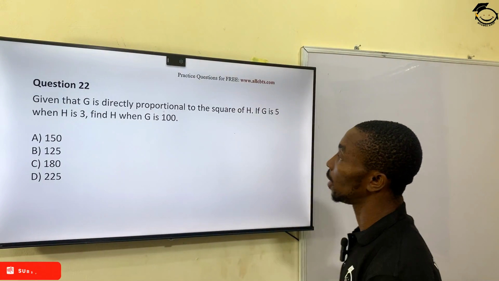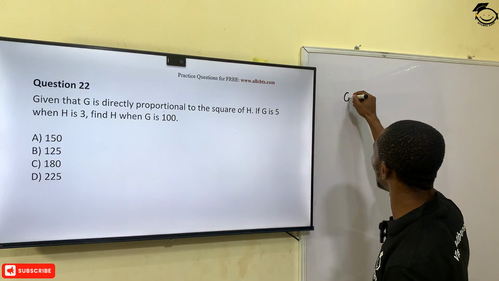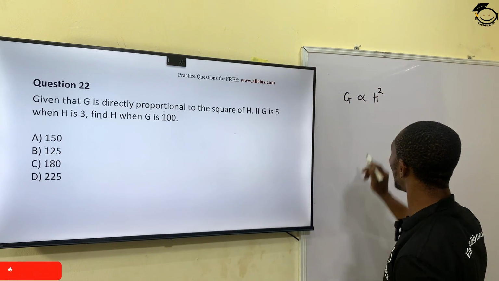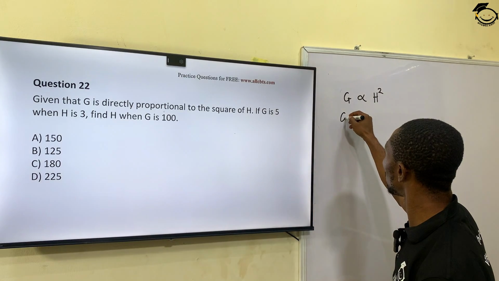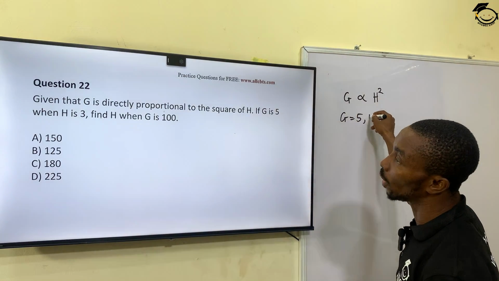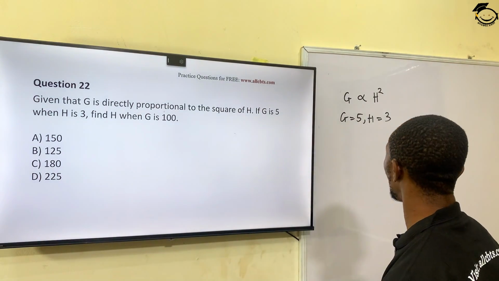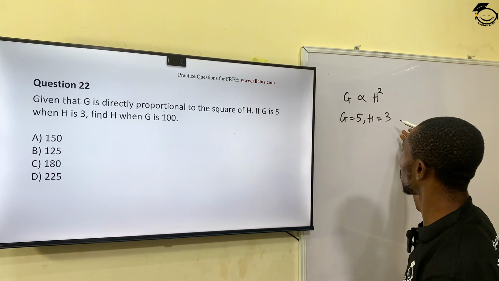Given that G is directly proportional to the square of H. If G is 5 and H is 3, find H when G is 100. Now, first off, we need to find our constant of proportionality.